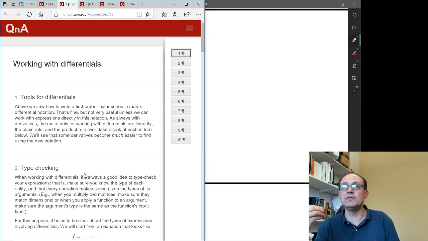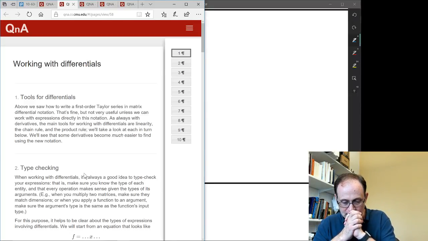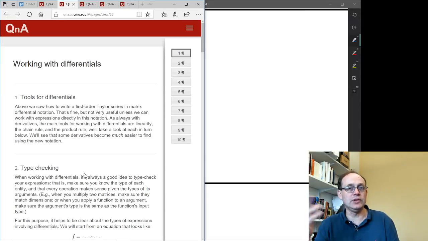For example, if you have a matrix valued function of a matrix valued input, you could have the derivative of the ij component of the output with respect to the kl component of the input. That's 4 indices, and the derivative would be a 4-mode tensor. We don't have nice ways to write that down. By comparison, we'll see some examples where we can easily write down the expression using matrix differential notation.